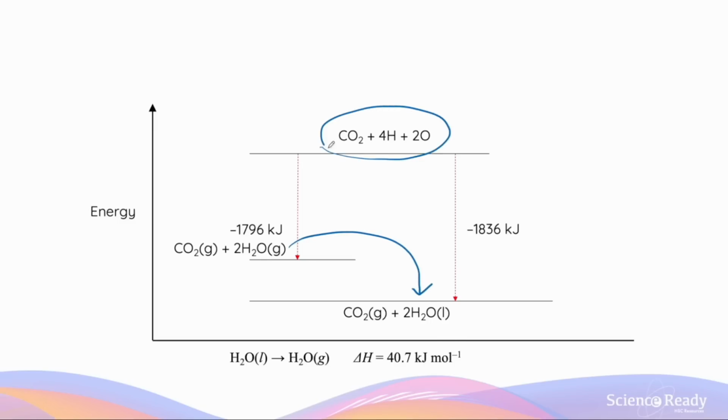Originally, these atoms are in a gaseous state because they originate from reactants that were methane and oxygen gas. The reactants were originally gaseous, so these atoms would have been in a gaseous state.